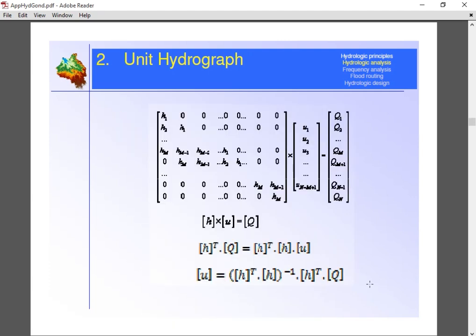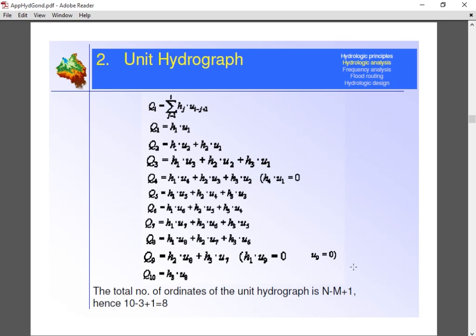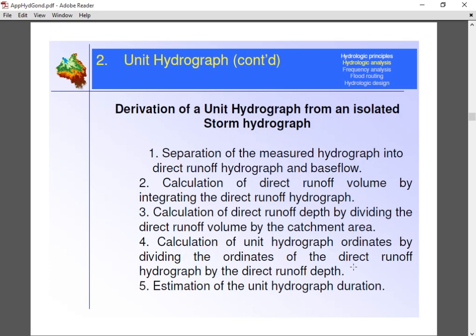Okay, so this is a way of obtaining the components or derivations of the unit hydrograph from an isolated storm hydrograph.